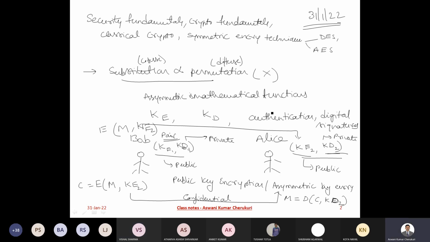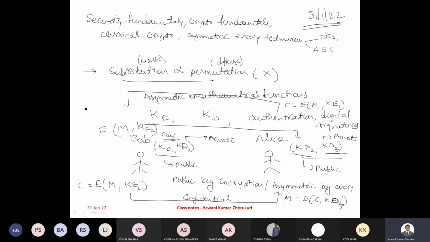Now imagine Alice is sending a message to Bob. She will take the message, say M1, and encrypt it with the public key of Bob, KE1.